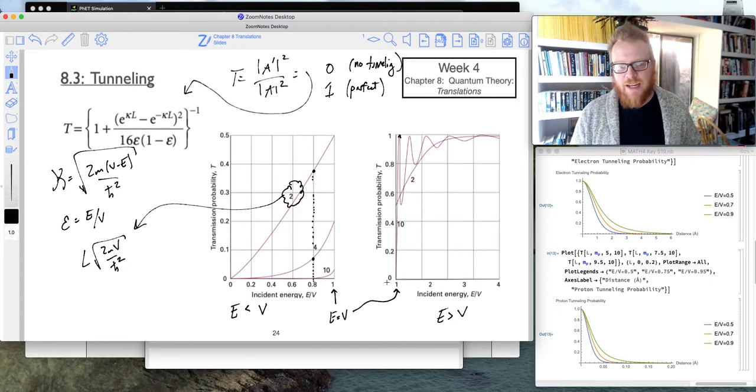But then what's also neat is as you increase that incident energy, you get this oscillatory probability, which is just a function of this being a wave property, okay? So when the length of the box is quite narrow, this number 2 right here, that's where this curve takes off.